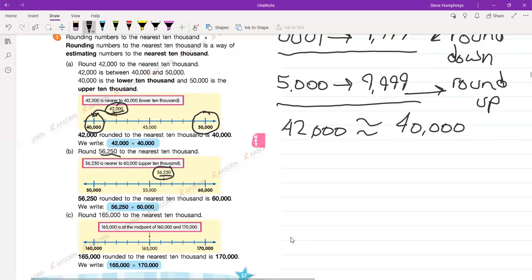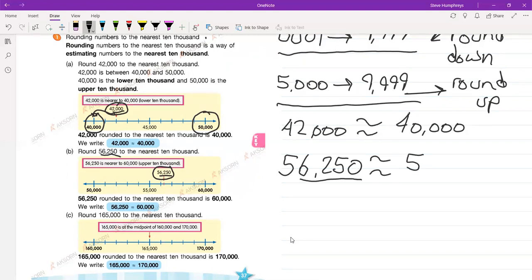Okay. 56,250. Rounded to the nearest 10,000. Looking at the last 4 digits, we will round it up to the nearest multiple. Let me just get rid of that.